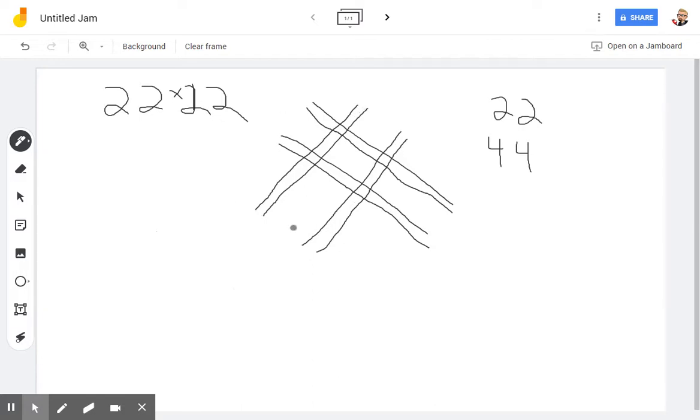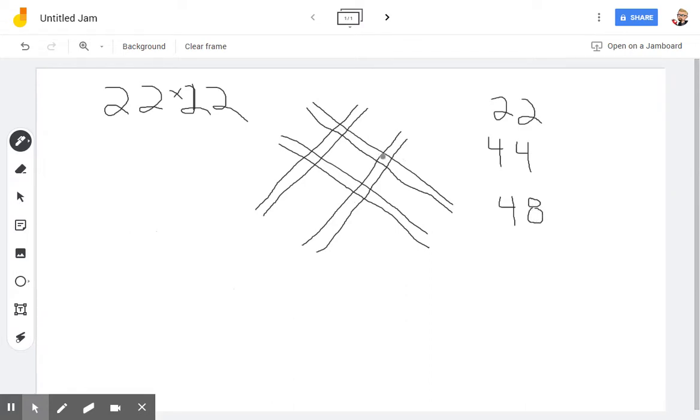This is the tens and this is the ones. But now we start looking at where these things line up. So if we've got 4 here, we count 4, and then we count 8 here. We've got 4 there and 4 there. 8.